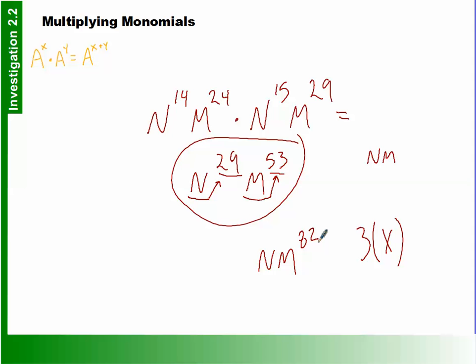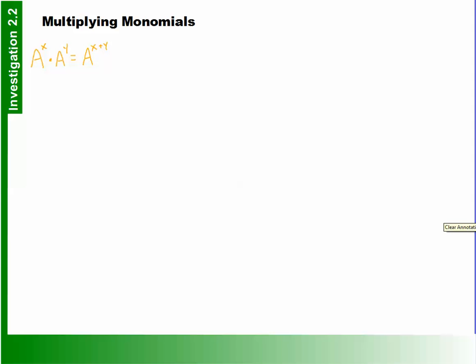So here we go. Let's erase this. Let's try this, using your calculator. Let's say we have 2 to the 4th times 3 to the 6th.